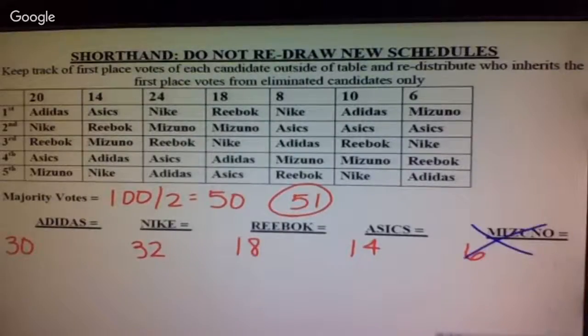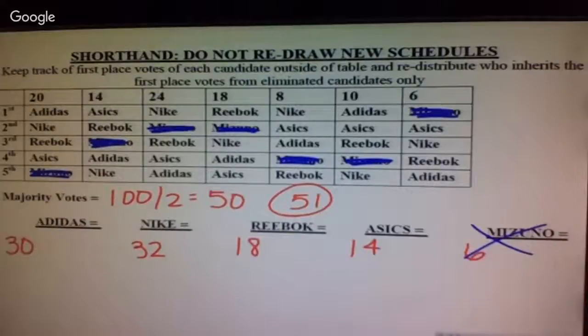Mizuno goes. All right. Mizuno's 6 points came from this last column when they had first place. They're no longer in first place.